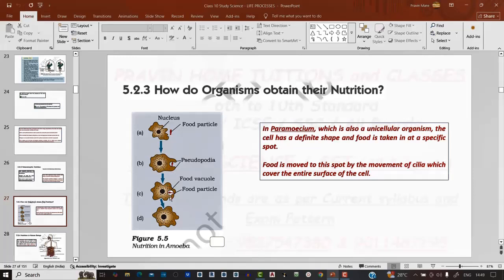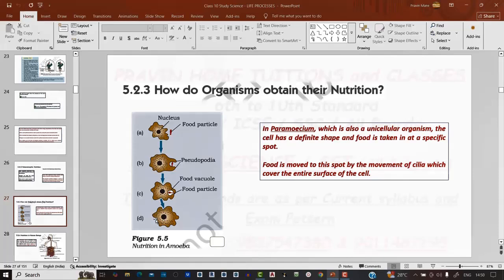Then a food vacuole is created and food is taken inside the body. Then this food is digested in the cytoplasm, and after this waste material is transported towards the periphery, and afterwards it is removed outside the body. These steps take place in amoeba for nutrition purposes.